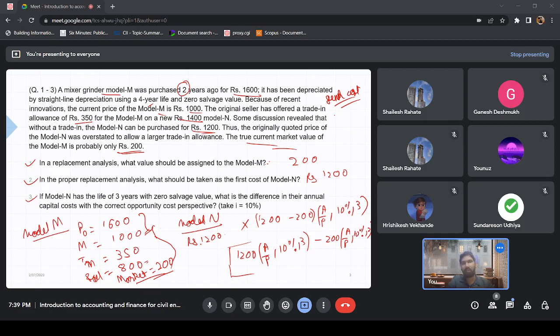You might have to consider it when you have taxes, like in depreciation calculations or before-tax and after-tax calculations, but in our case we didn't have to use it.